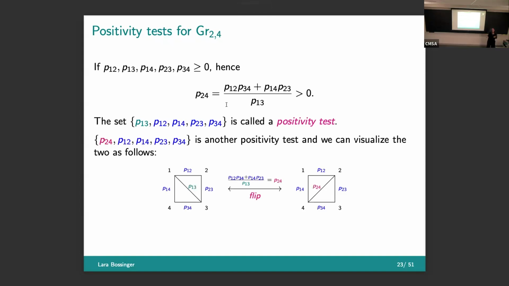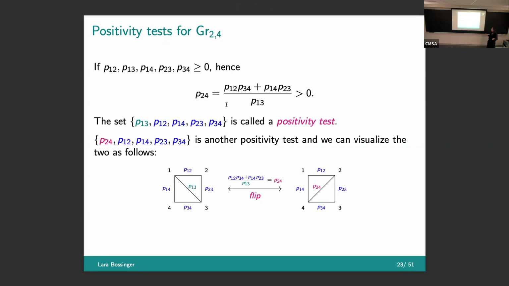And here's a nice way to visualize positivity tests and the relation of the two positivity tests we can observe here. And that is by associating them to the edges of a triangulation of a foregon. So yeah, there's really not much to say.